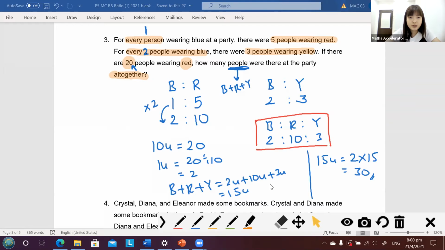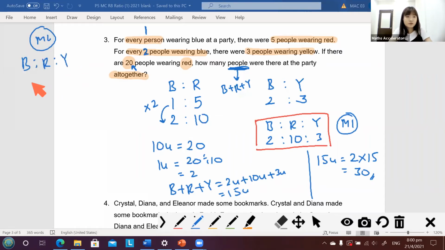Some of you asked, can we change the 10 to 20? You can. That's the other method. So this is method 1. Method 2, from the ratio here, you have 2 is to 10 is to 3.